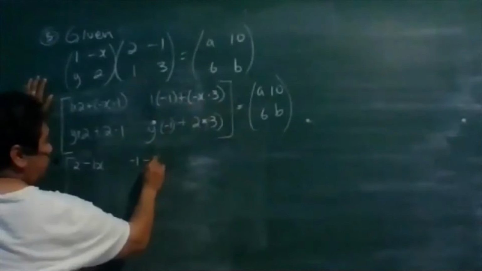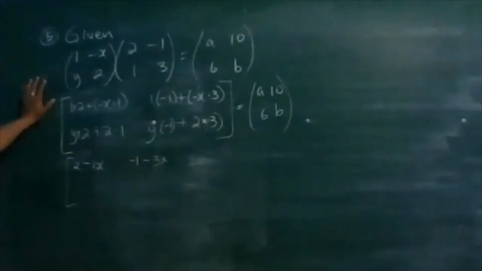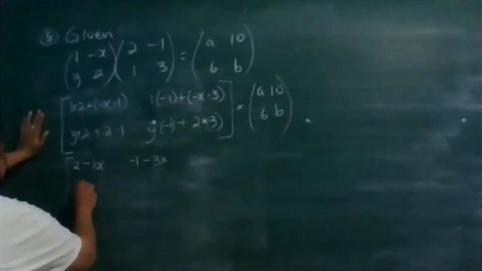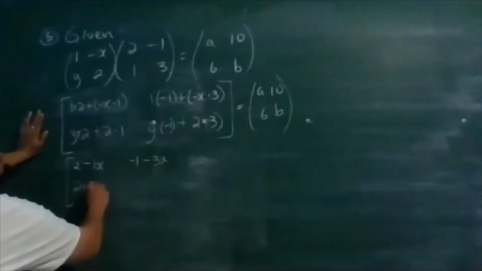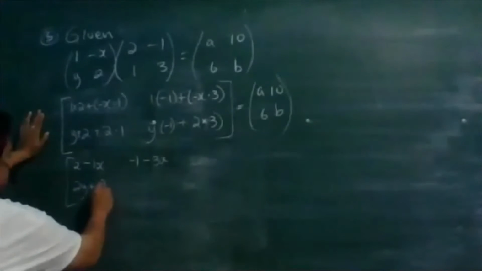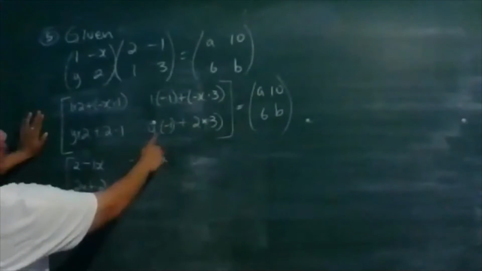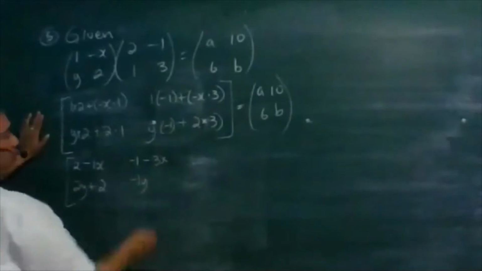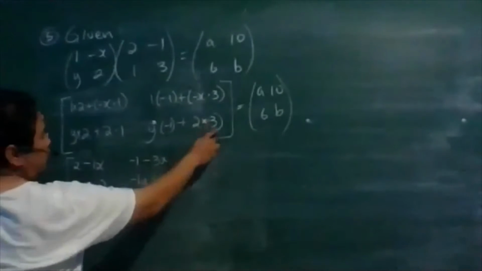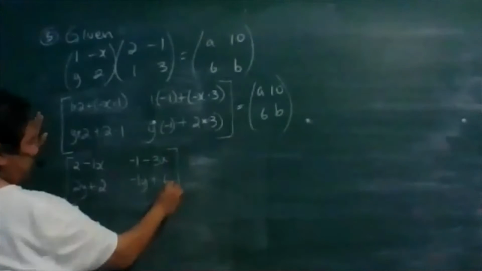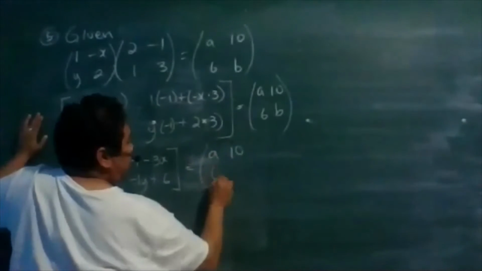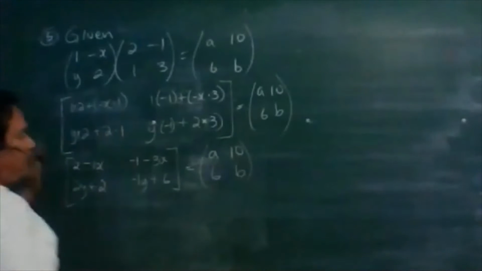X times 3 is 3x. Y times 2 is 2y. Plus 2 times 1 is 2. Y times negative 1 is negative 1y, or negative y. Plus 2 times 3 is 6. Equals [a, 10; 6, b].